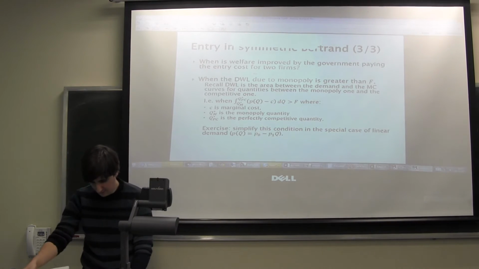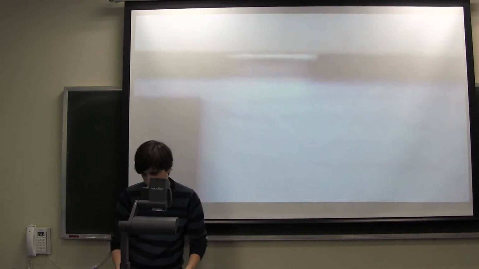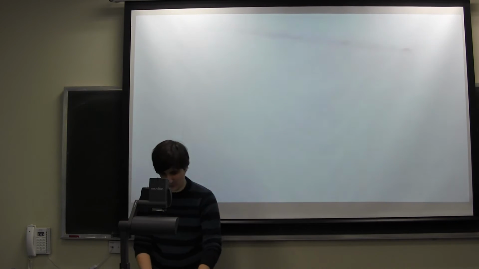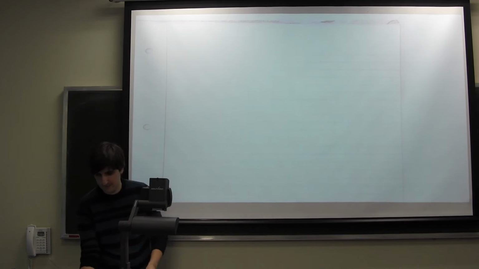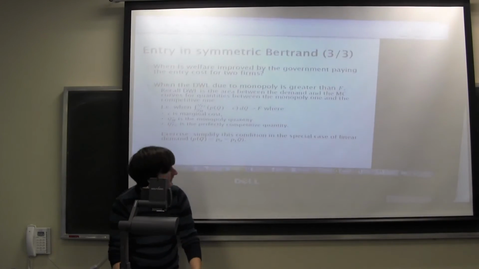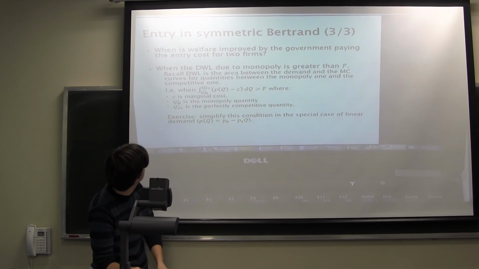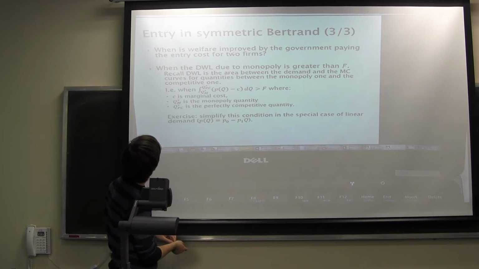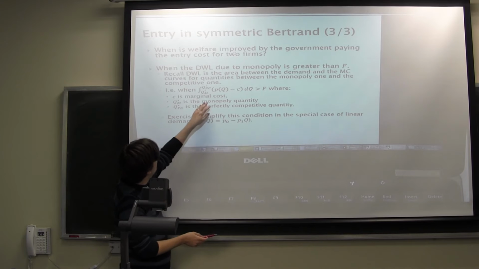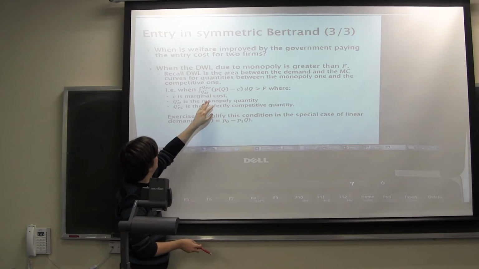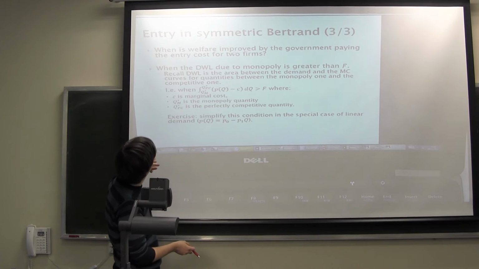Okay, so this is useful because it's useful starting to think about welfare in terms of integrals rather than just drawing pictures. Okay, so in the lecture we went through this expression for welfare, for the deadweight loss.